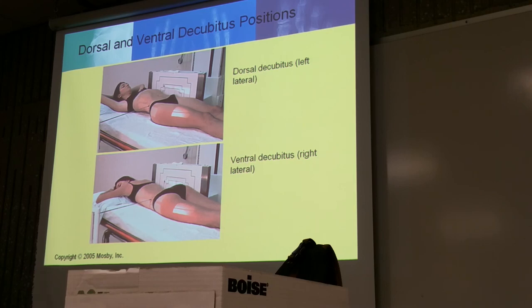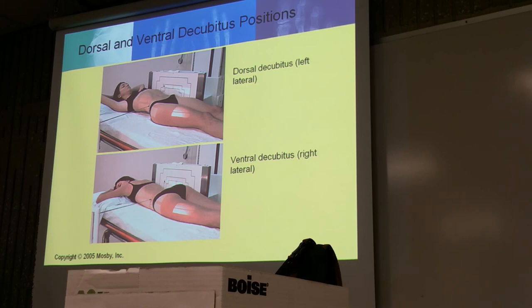Any anatomical structure that is furthest away from the image receptor, what happens to that structure? It becomes magnified, but what happens to the detail? It's lost. So that's why it's good to know if we should place the left side closest to the image receptor or the right side, depending on what area of the anatomy is of better interest.